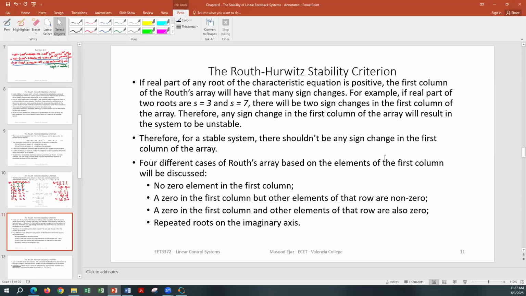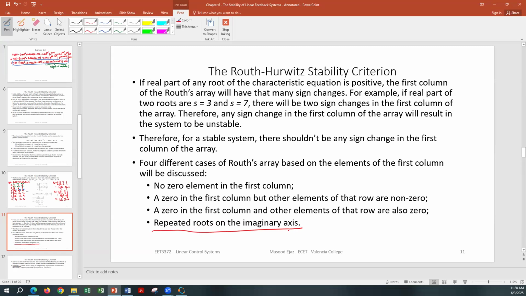There are 4 different cases: no zero element in the first column; a 0 in the first column but other elements of that row are non-zero; a 0 in the first column and other elements of that row are also 0; and then repeated roots on the imaginary axis. The last one, it does not really do a good job when you have repeated roots on the imaginary axis.